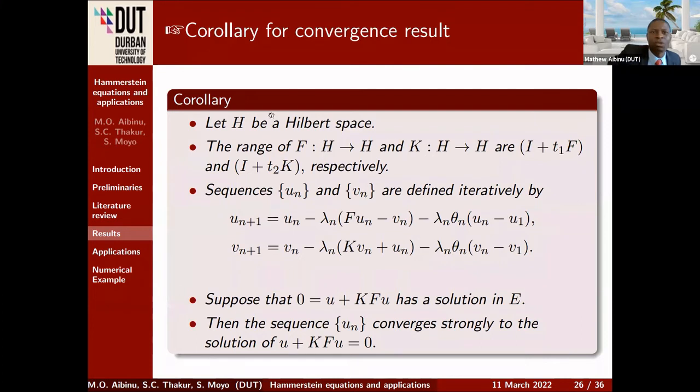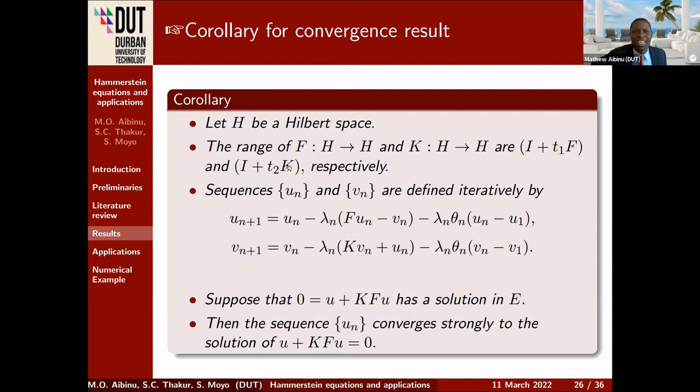For the result that we obtained, we establish this corollary. As has been said before, Banach spaces are more general than Hilbert spaces. So the result which we obtain in the general Banach space has its corollary in Hilbert space.